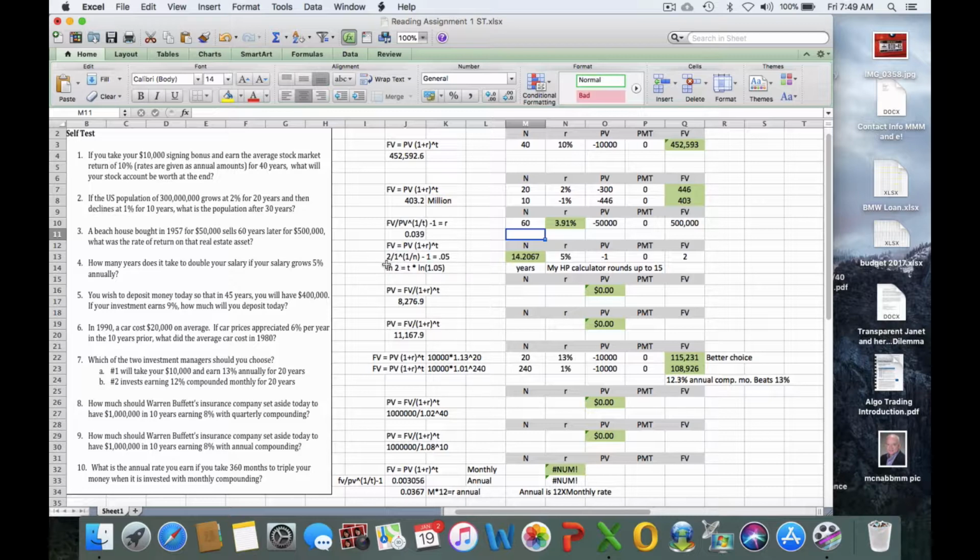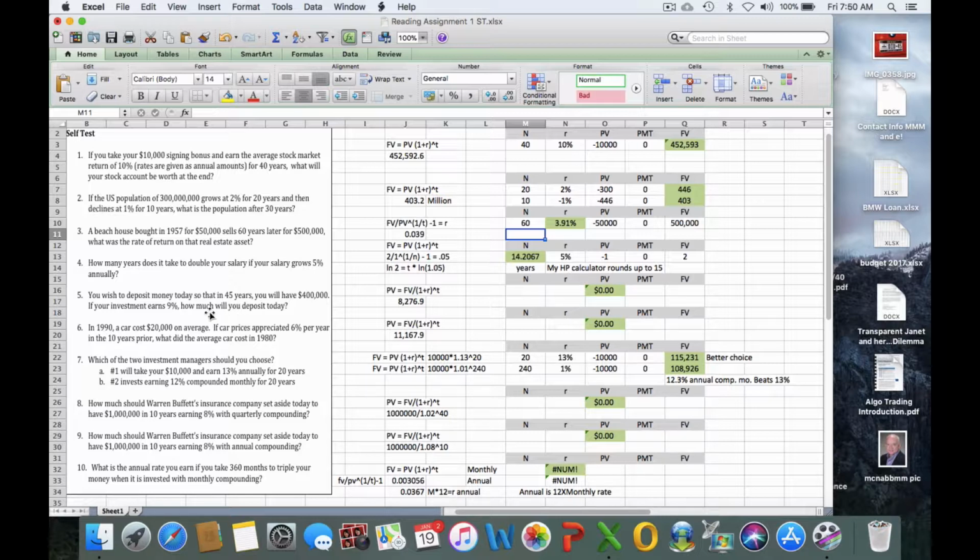So taking the natural log of 2 equals that exponent, number of years, times the natural log of 1 plus r. Calculator does it much easier. 5% rate of return. Input is 1. Output comes back to you plus 2. No cash flow in the middle. 14 years. My calculator rounds that up to 15.